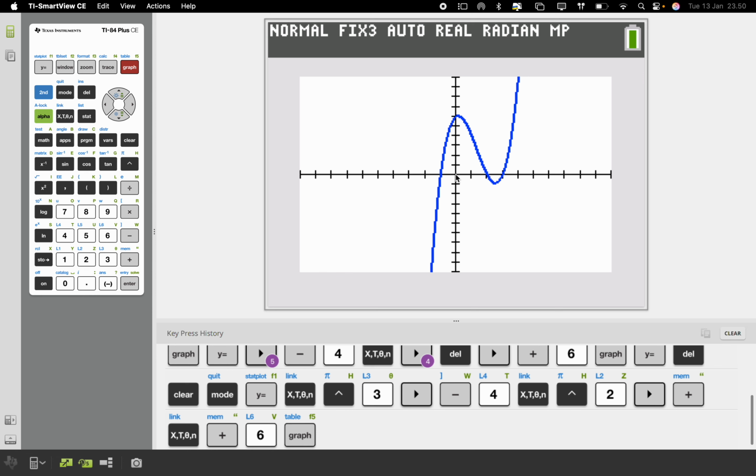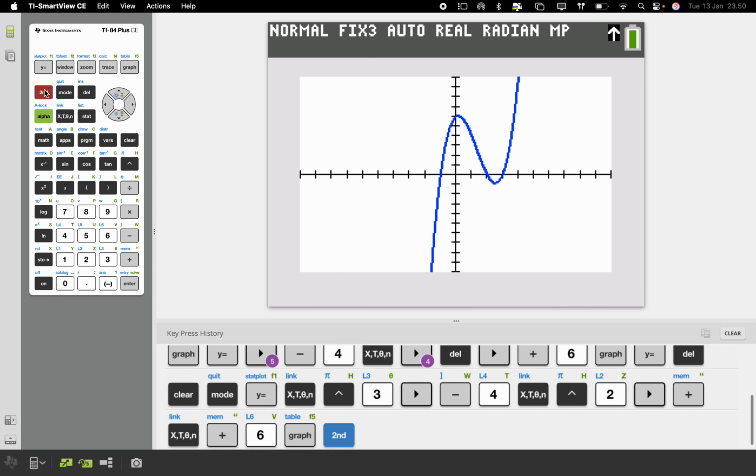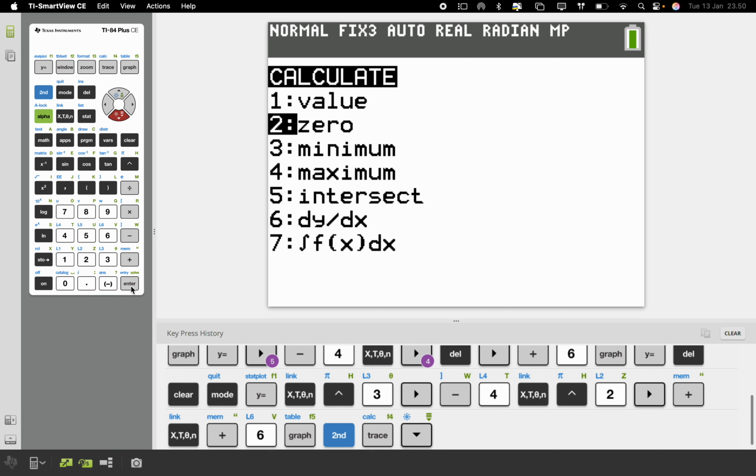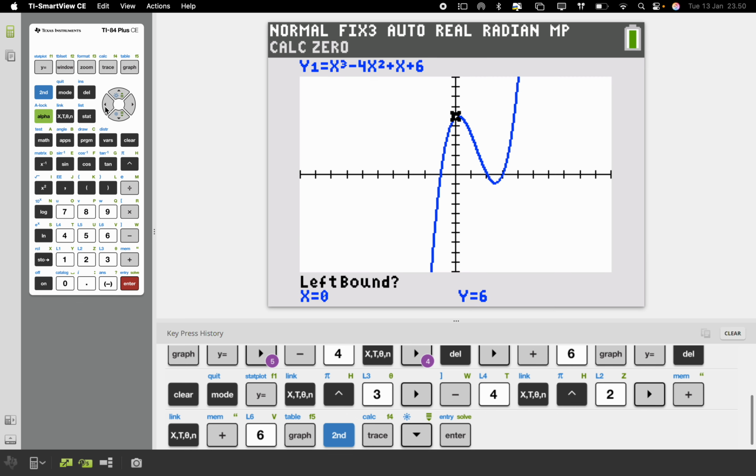Okay, so first of all, let's look at how we find the roots or the zeros or the x-intercepts, these 3 values exactly. So let's say second, trace. Now you can see the options 1, 2. 2 is for zeros, so we press 2, enter. Now bring your cursor to the zero which you want to find.